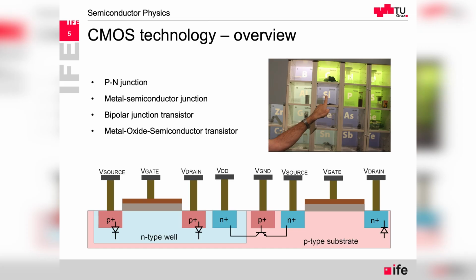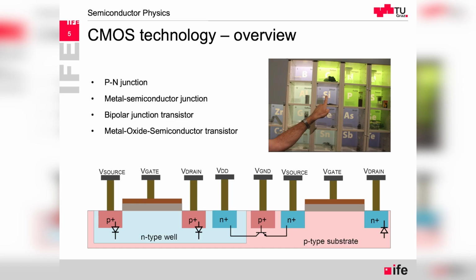And all that we have discussed before, that means PN junction diodes, metal semiconductor junction, bipolar transistors, even if in most cases for digital circuits we are not using them consciously, they exist also in those technologies as parasitic parts.